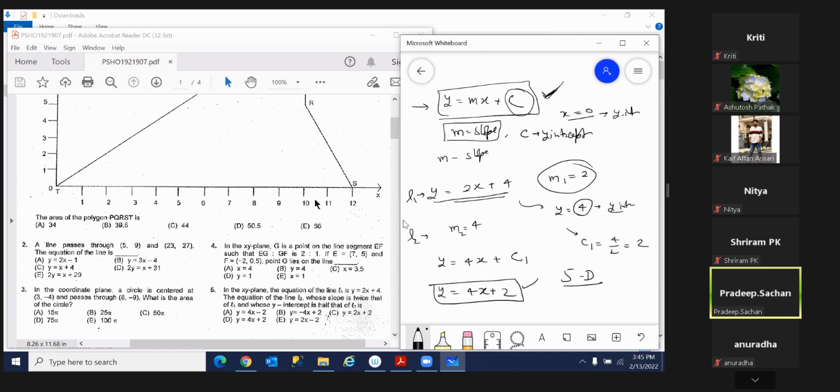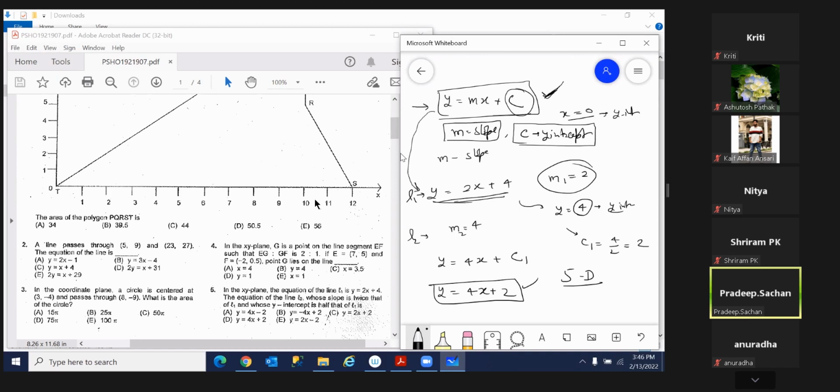So now m is slope and c is y-intercept. Compare this with the line they have given. We are saying y is equal to mx plus c, they are saying y is equal to 2x plus 4. So this means m value will become 2, that's what we have written, and c will become 4, that's what we have written. So y-intercept is 4 and slope is 2.